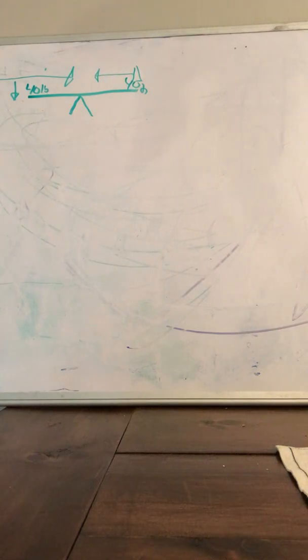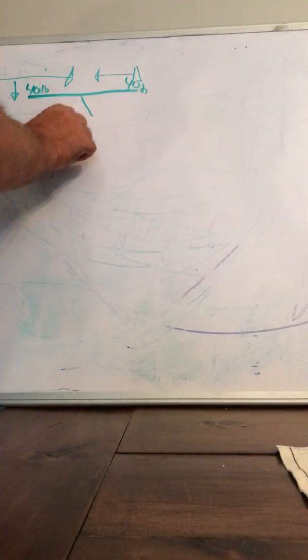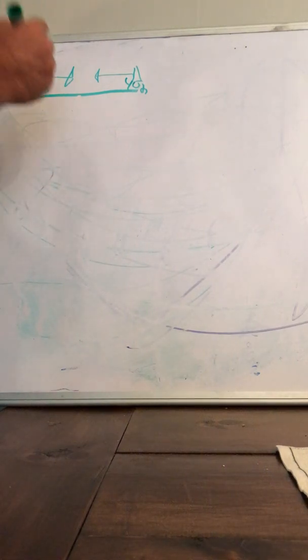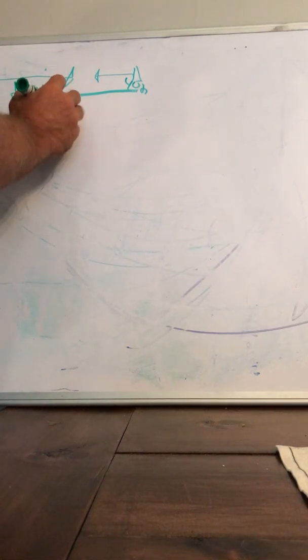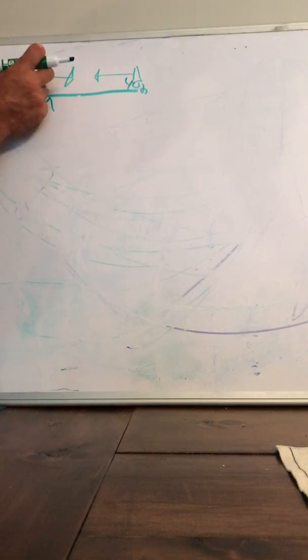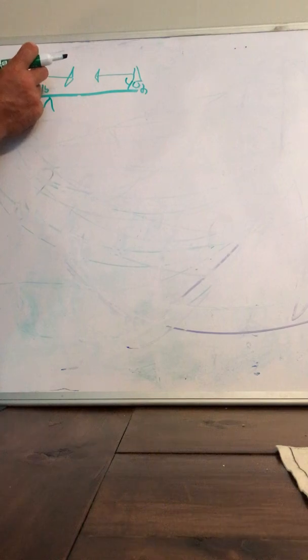If I were to move that fulcrum, now I am creating a mechanical advantage. So, if I move this fulcrum this way, this creates a shorter moment arm, so shorter resistance moment arm.